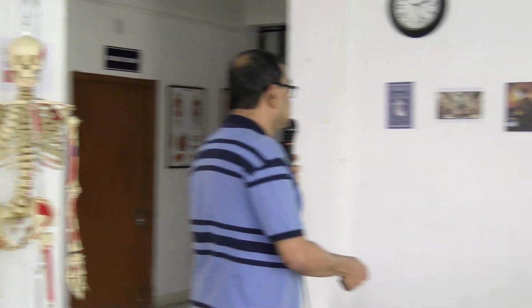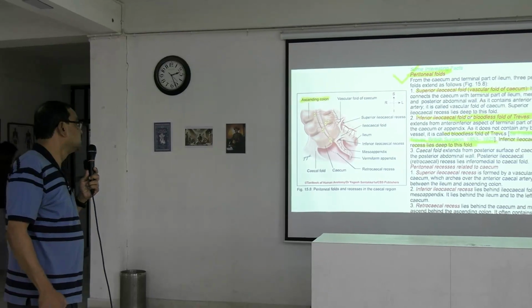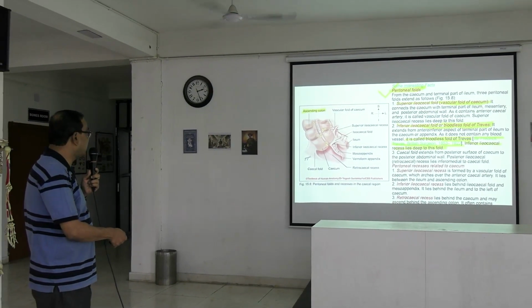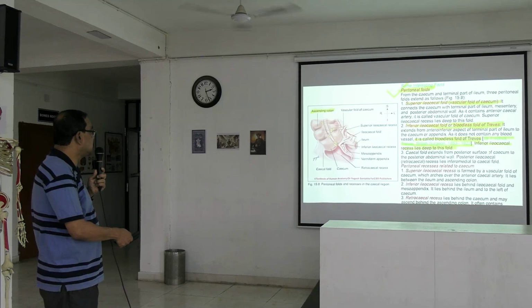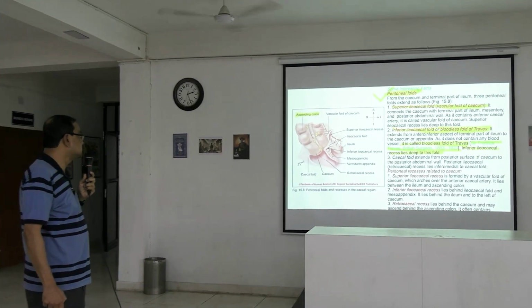So that is called the Treves recess, the bloodless area. We can also find an area behind the cecum, that is the retrocecal recess.